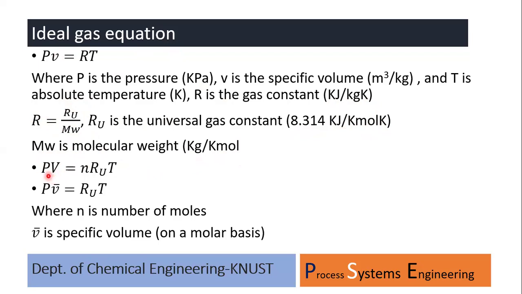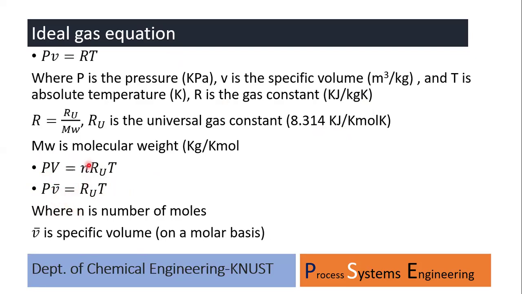Okay. Now we also know that PV is equal to nRU T. So this R is the kilojoule per kilomole Kelvin. If we divide both the left and the right sides by N, what we are going to get is V over N. So that's the specific volume on a molar basis. So remember we said everything with a bar on top of it is per mole.